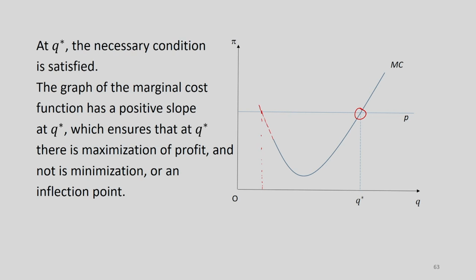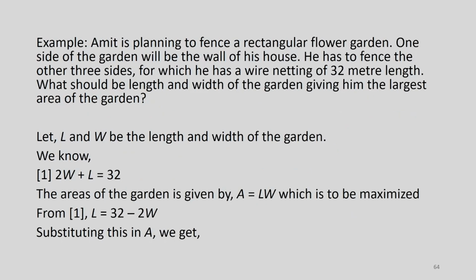But at this point, let us suppose Q dashed, the second order condition is not satisfied because the MC is declining rather than upward rising. So, Q dashed will not give me a point of maximization of profit, whereas Q star is the point where profit will be maximized. All right.